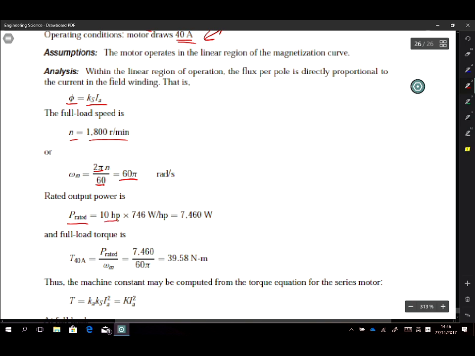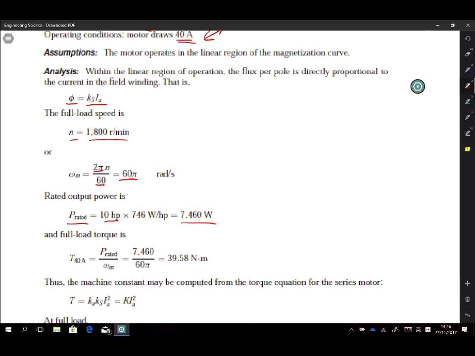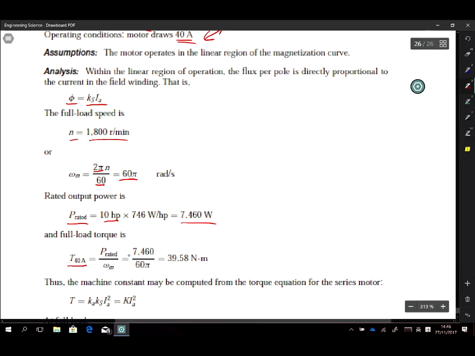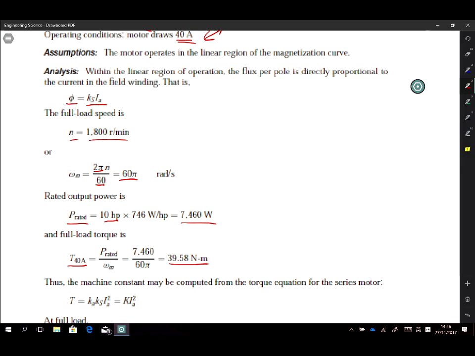Power equal to 10 HP, so it is equal to 7,460 watts. From this, you can get the torque, T equal to the power over omega m. So it gives you 39.85 Newton meter.